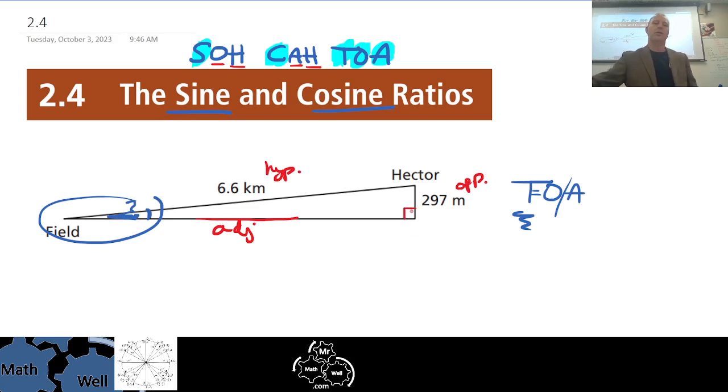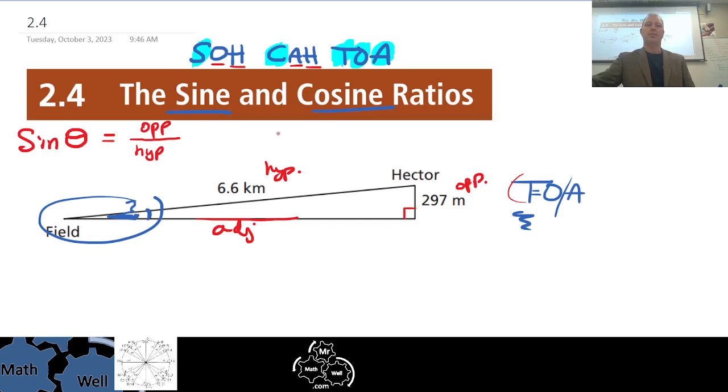And so, similar to the tangent ratio, we now have sine of an angle, and remember that the symbol for an angle that we often use in math is theta, the Greek letter theta. So the sine of an angle, that ratio is given by O over H, or opposite side divided by the hypotenuse of the right triangle.